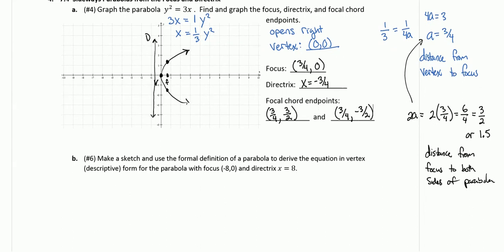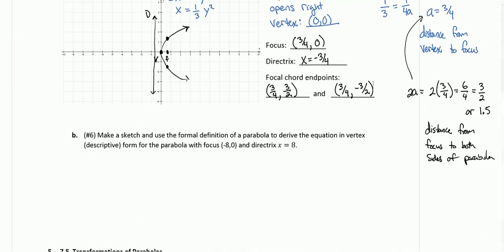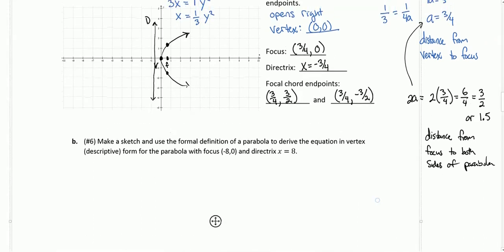Number 6, or part B, which is from number 6 on the worksheet, says to make a sketch and use the formal definition of a parabola to derive the equation in vertex form for the parabola with a focus at (-8, 0) and the directrix x equals 8.